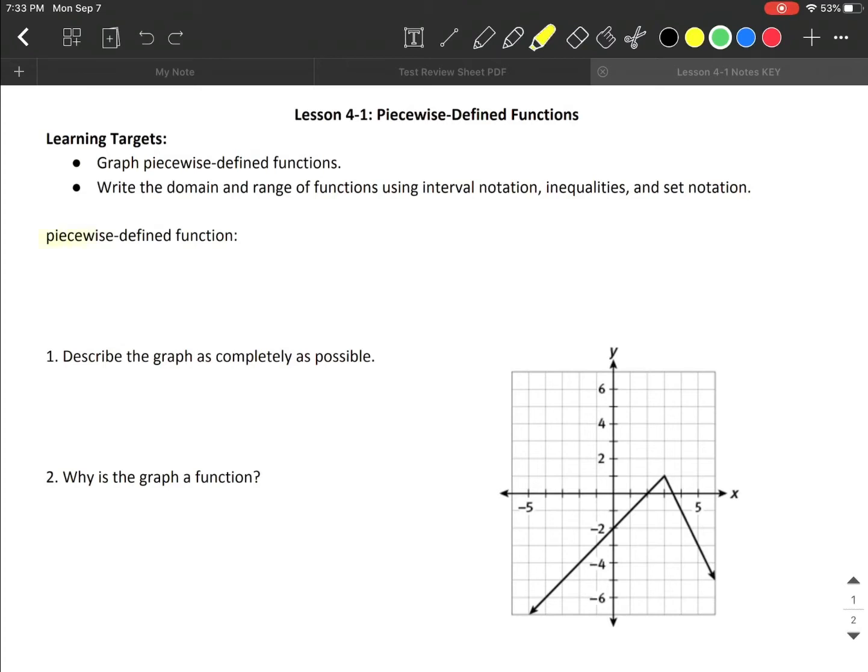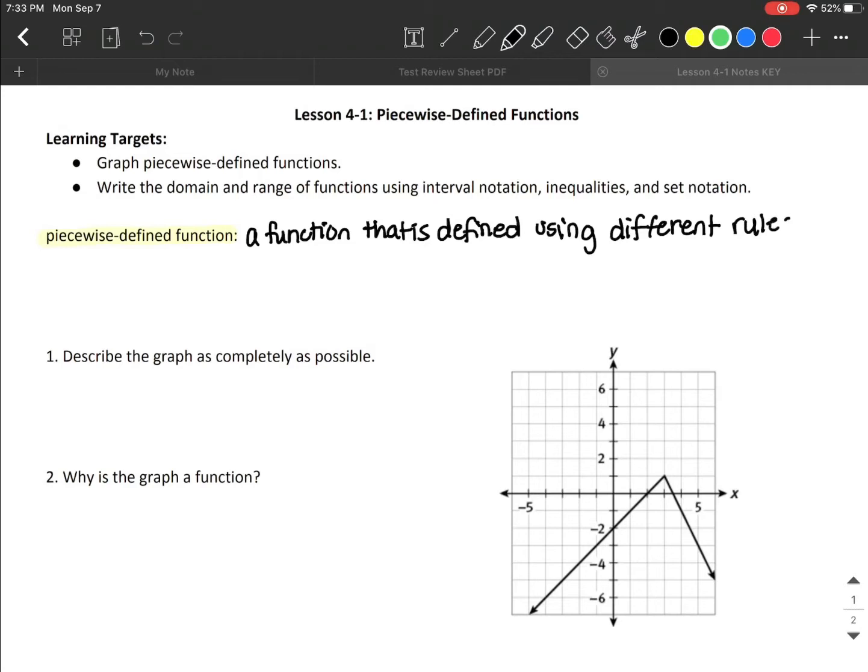The actual definition of a piecewise defined function is a function that is defined using different rules for different non-overlapping intervals.